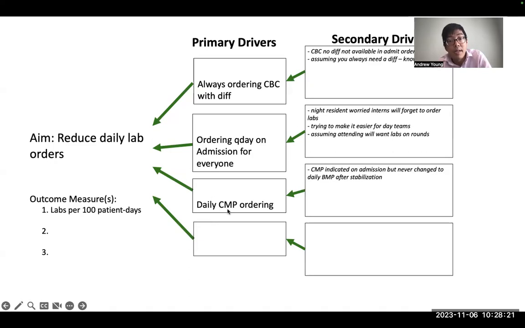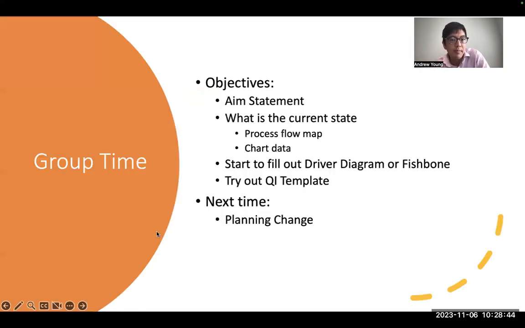And then maybe another primary driver is that people are ordering CMP with like a Q day frequency and just letting it ride, right? And the secondary driver might be that the CMP is indicated on admission, but it's never changed to daily BMP after stabilization, right? And so, again, you can see that this could get really big or stay really small. I included this in your project template as well.